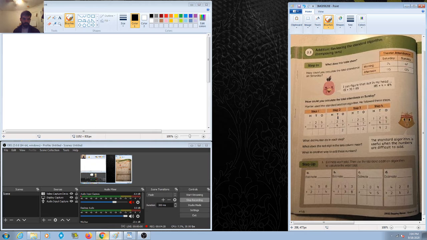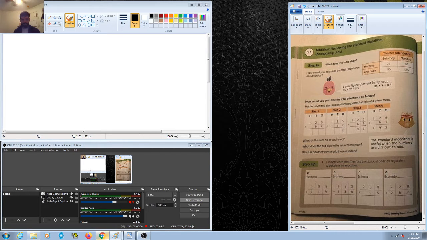So 1 plus 2 plus 6 is 9, which is where that 92 comes from. And then for the last step, he just brought down that 1 because there was nothing that was carried over, because that 9 is a one-digit number, and we didn't have to carry anything over, no groups of tens or anything like that. Okay, so let's look at these questions here.